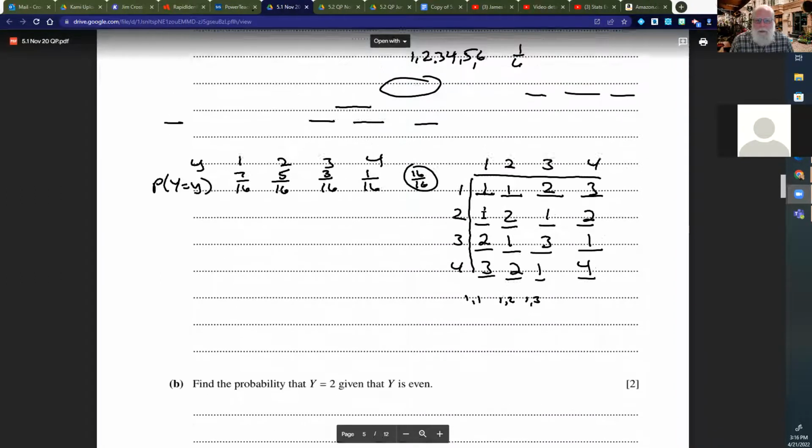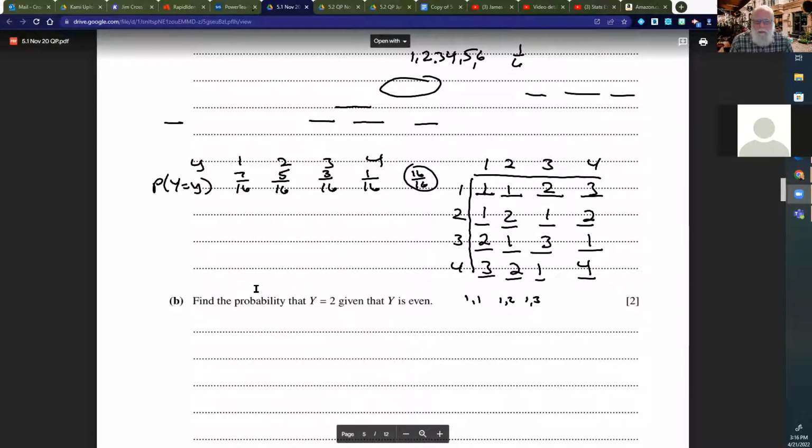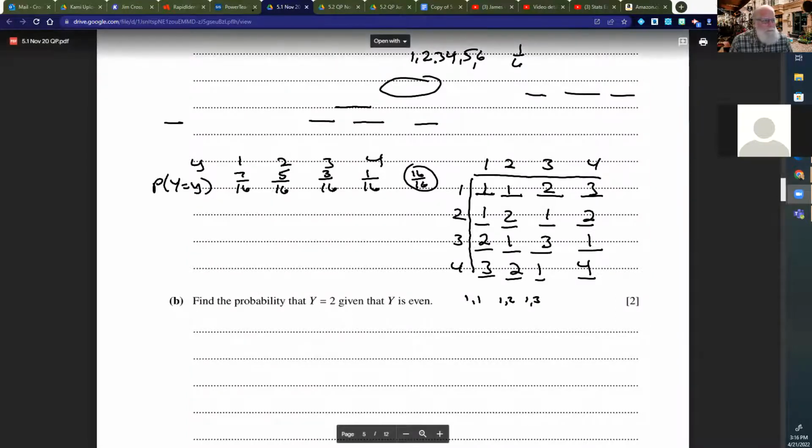Now, what else do they want to know? Find the probability that y is equal to 2, given that y is even. How can I go about doing this?